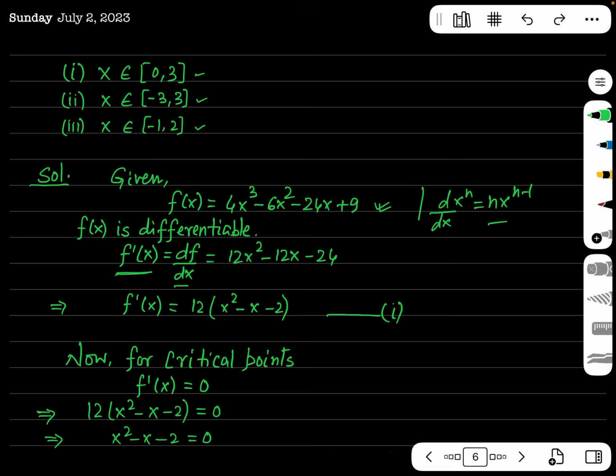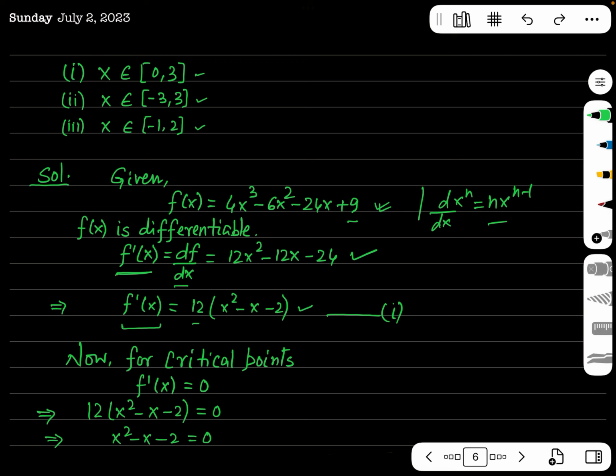So what will be the derivative of this function? This will be simply 12x square minus 12x minus 24. 9 is a constant, so its derivative will be 0. And you can take 12 as a common factor. So f dash of x is equal to 12 times x square minus x minus 2.